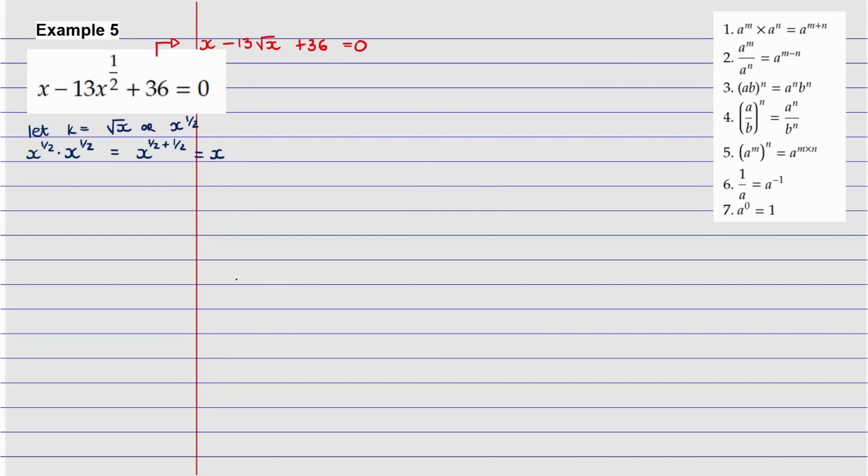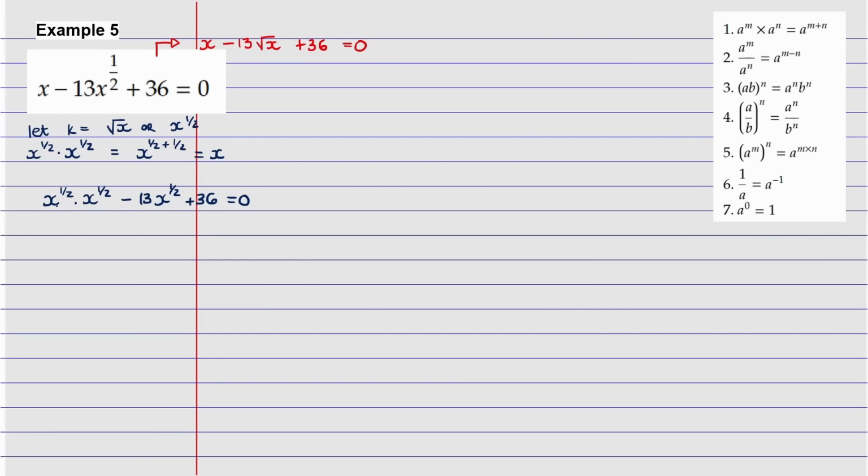It gives me 1, so x is basically x to the power 1 over 2 multiplied by another x to the power 1 over 2, minus 13 x to the power 1 over 2 plus 36 is equal to 0, right?